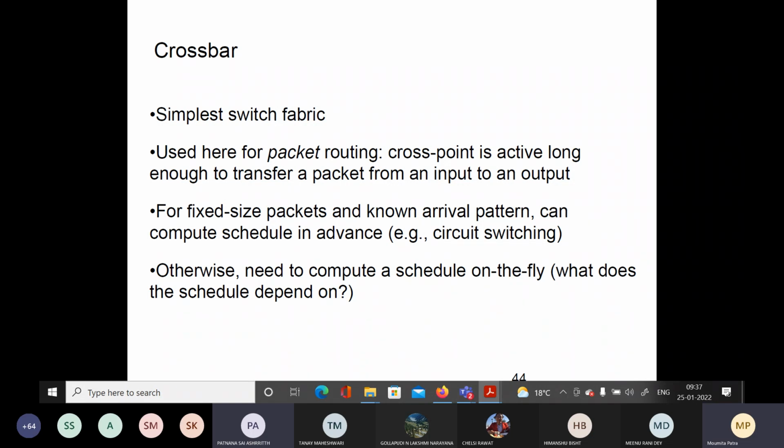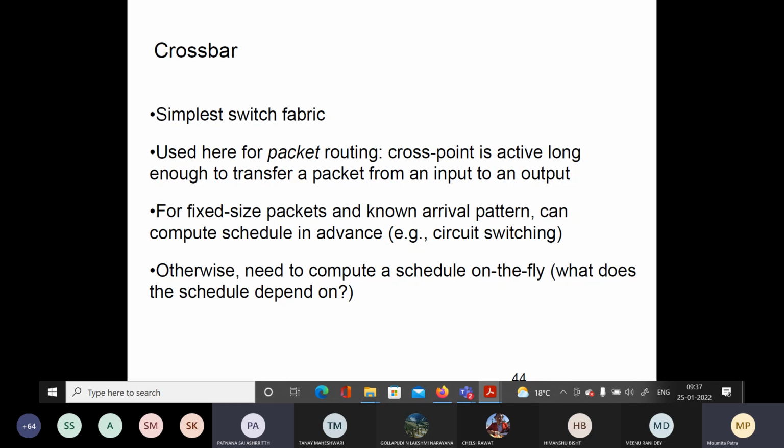Then you can always compute the schedule in advance and you will have reduced amount of contention. Okay, it will more or less work as circuit switching, but it actually helps you out in having very much reduced contention if you're having fixed size packets and you know how those packets will arrive.